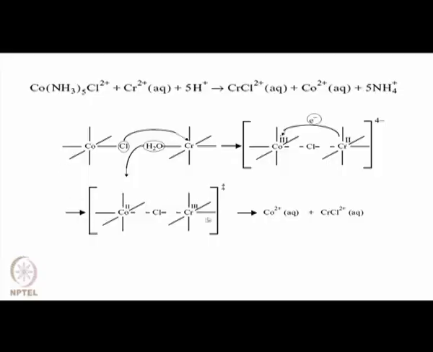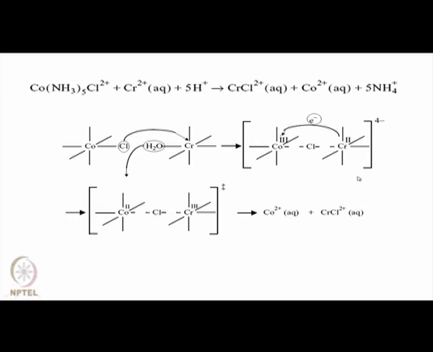For some time this chloride brings these two entities, cobalt and chromium, into proximity, and then the electron is transferred. This is the typical transition state, with chloride as the bridge.